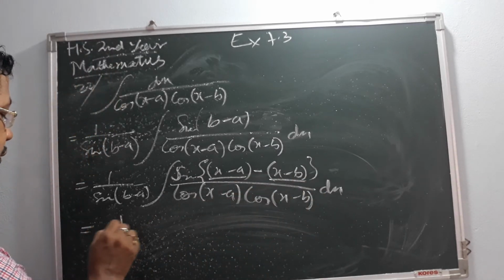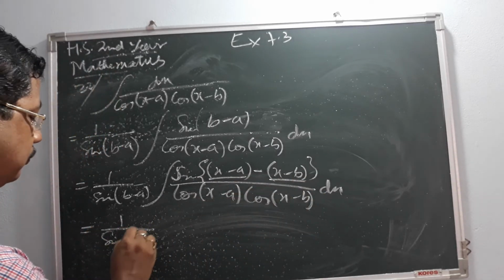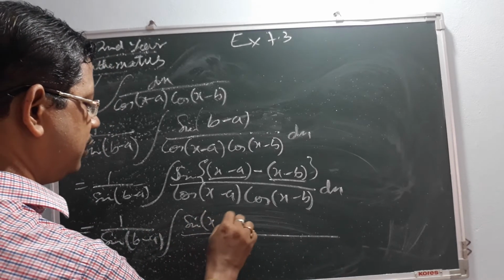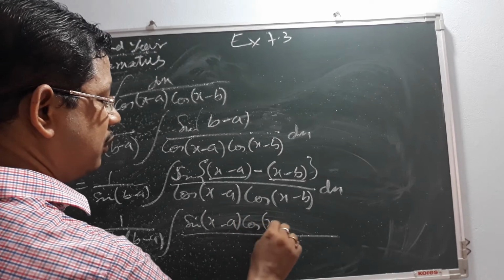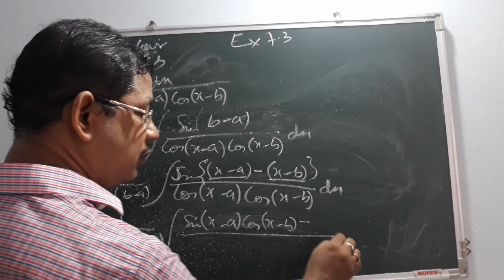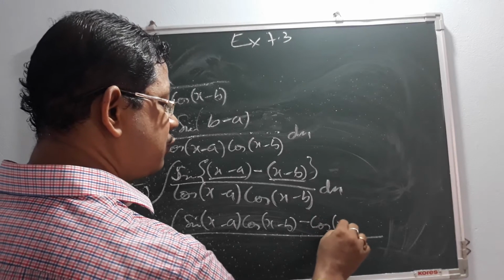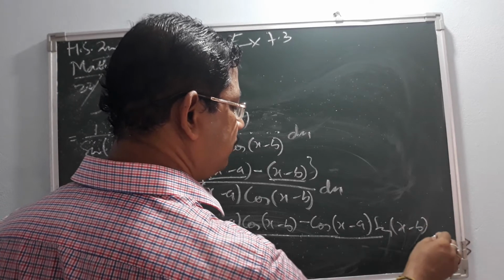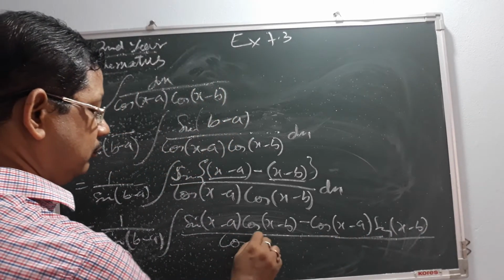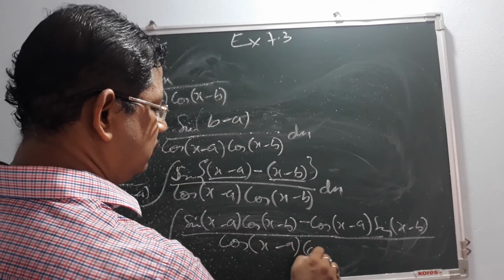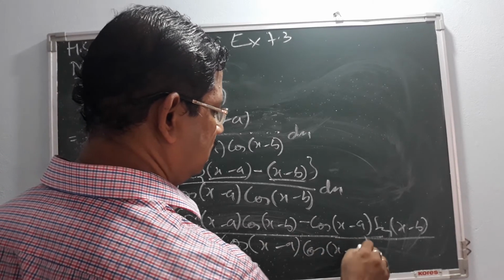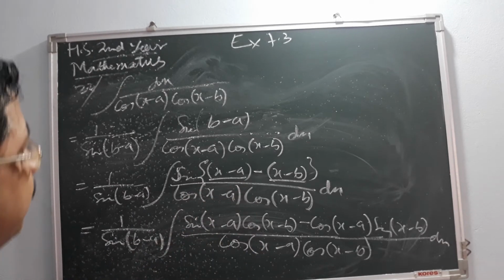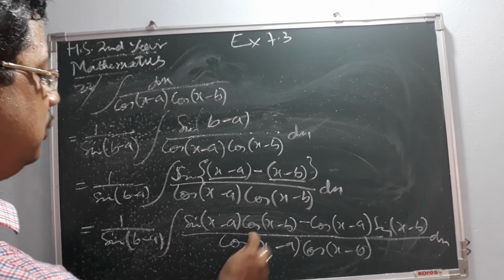So if we use this sine a minus b formula, this will be sine x minus a cos x minus b minus cos x minus a sine x minus b. So I have broken the sine a minus b formula.